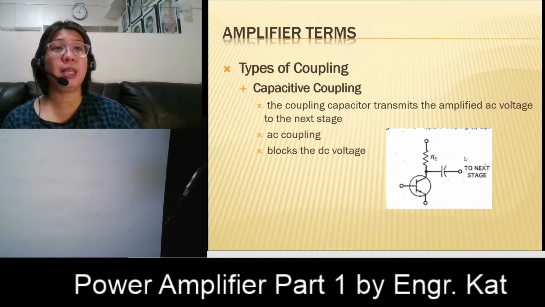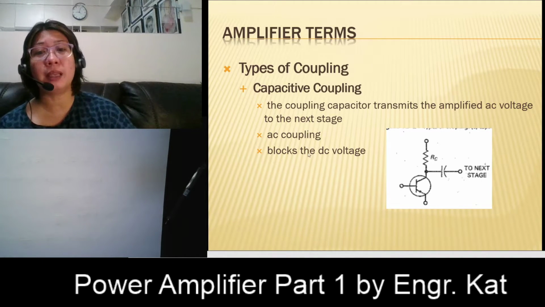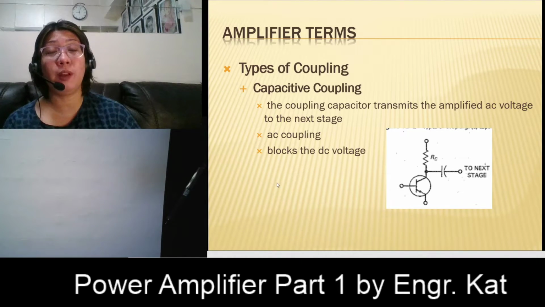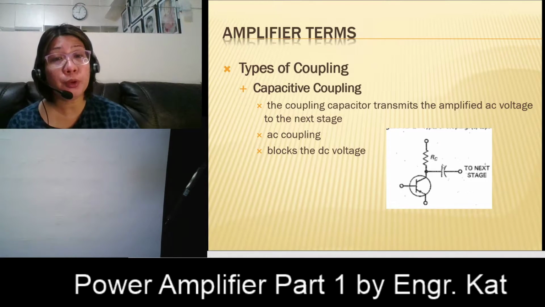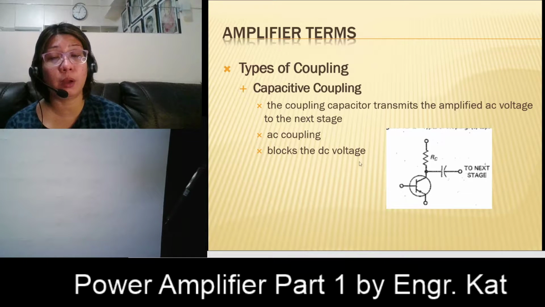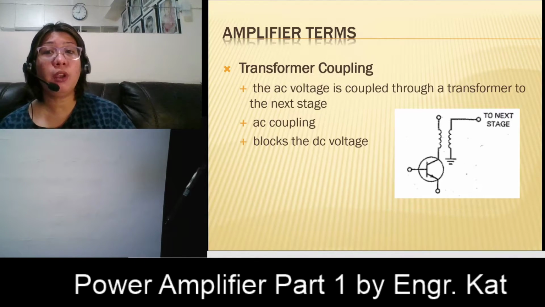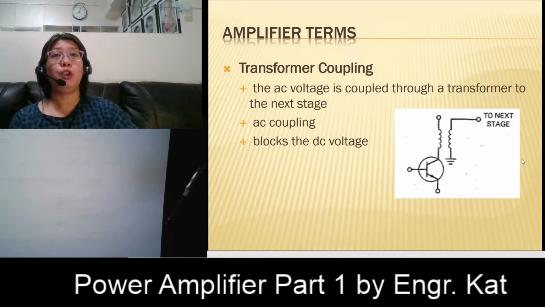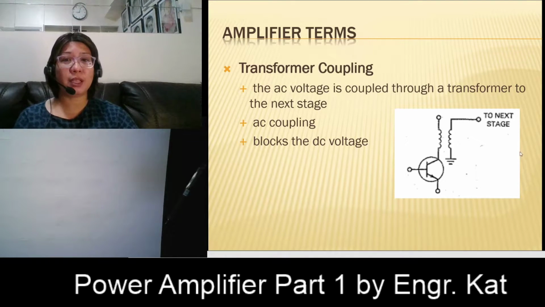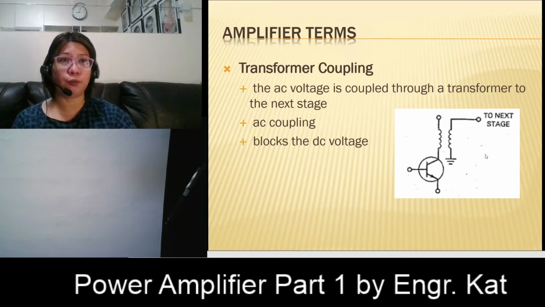And since this is an AC amplifier, it blocks the DC voltage, because DC voltage, as we all know, is equivalent to 0 hertz. And since we have a low frequency cutoff, therefore it blocks your DC voltage.